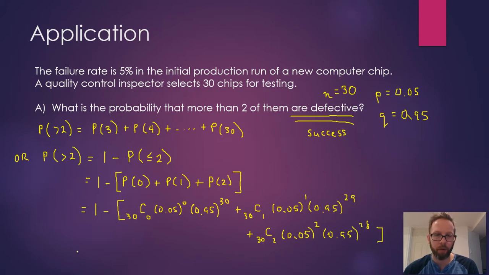And it's still a bit of work, but this calculation is a lot faster than doing 28 of these binomial distribution calculations. So I'm going to just slam this out now. You guys do it too, so you can pause the video, do this calculation, see what you get, and then compare with me.